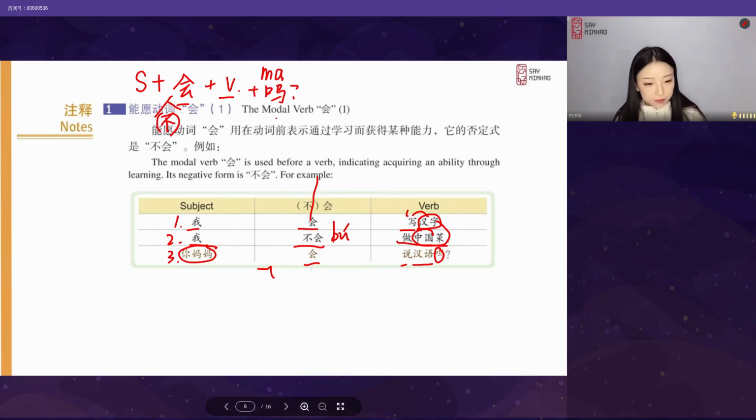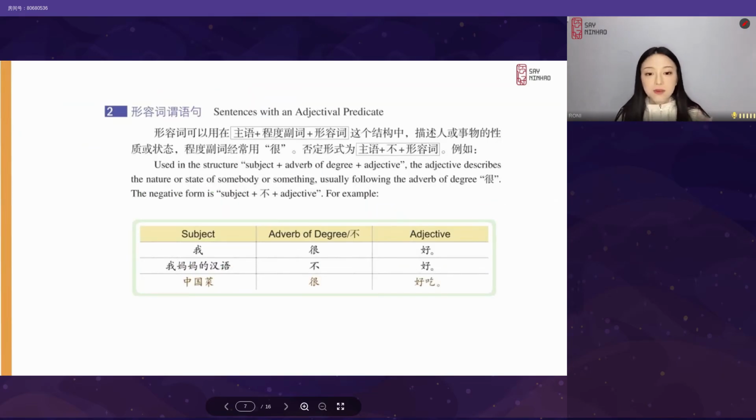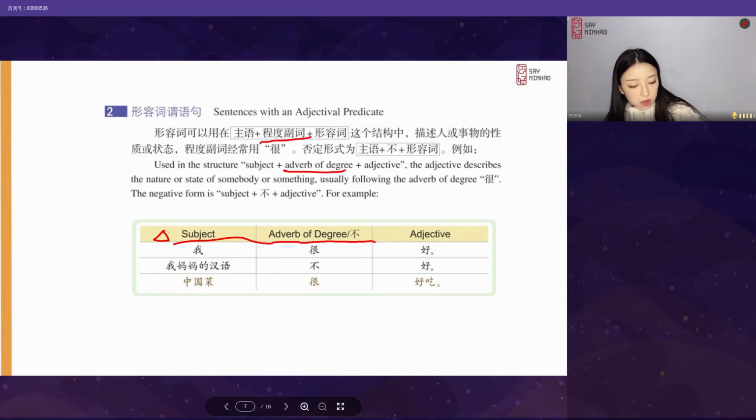It is really easy. Okay, now let's move on to the next one, sentences with an adjectival predicate, which means the adjectives can be the predicate in a sentence. So in Chinese, the adjectives can be a predicate, but there is a condition. There should be an adverb of degree before the adjective. Just like the structure showed here: the subject plus an adverb of degree plus an adjective.